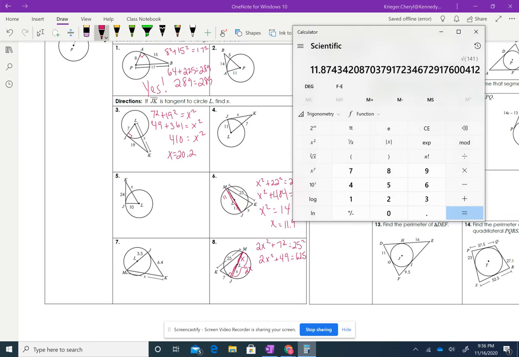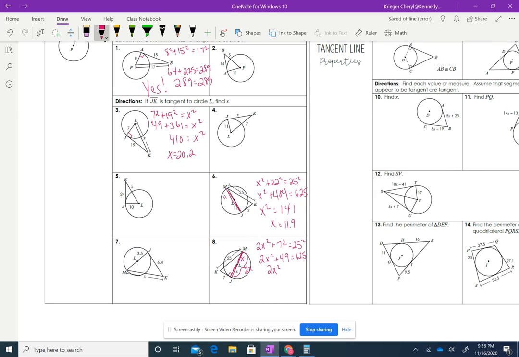I'll subtract 49 on both sides to get 576. So 2x squared equals 576. All right, and I think that I cannot divide by 2 yet.